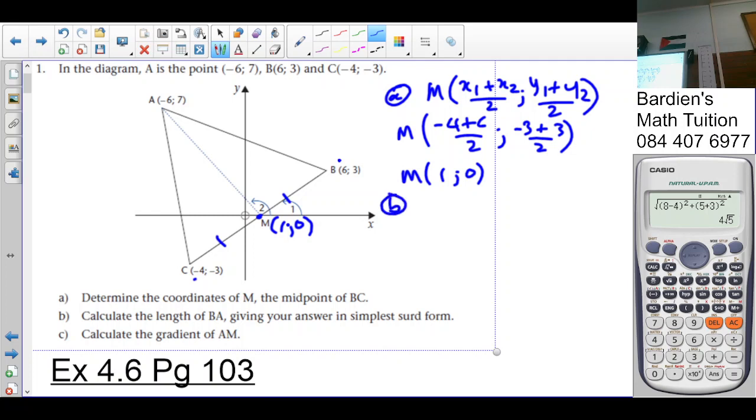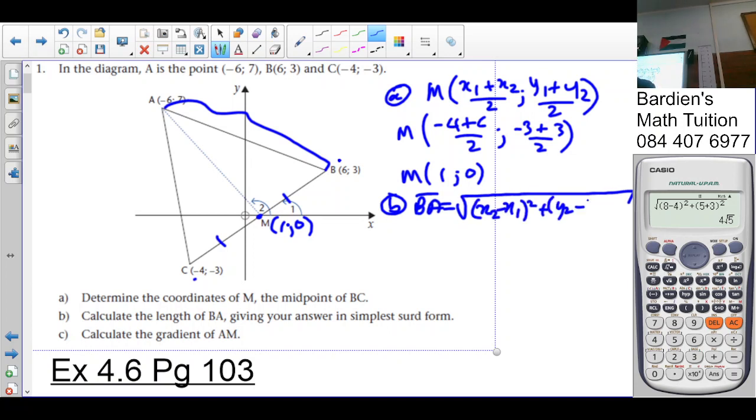Okay? B. Calculate the length of BA. They will give you an answer in simplest surd form. So BA, how are you going to calculate BA? Using the distance formula, not so? So AB is equal to the square root of x2 minus x1 squared plus y2 minus y1 squared. So that gives us negative 6 minus 6 squared plus 7 minus 3 squared.